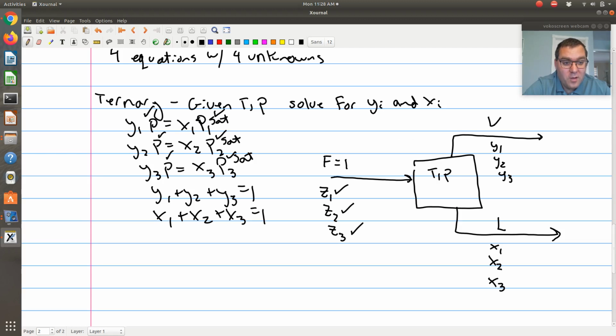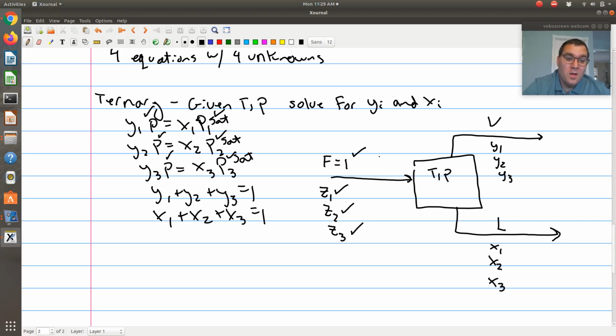So whatever we calculate for V will be relative to an F of 1. It's really not an amount of vapor, it's a fraction vaporized, the amount of that initial mixture that's vapor. So we know our Z's, and since we're not given an F, we assume a basis of F of 1 and calculate V and L relative to it.